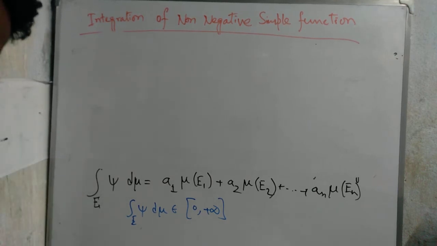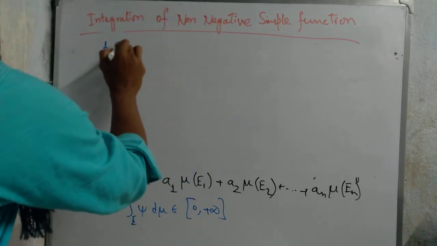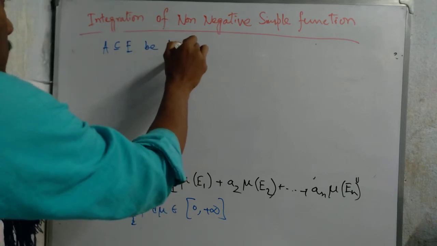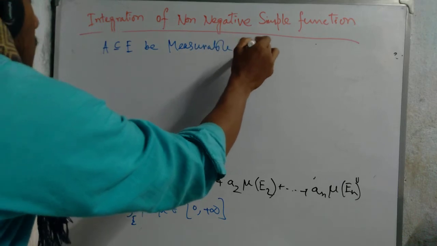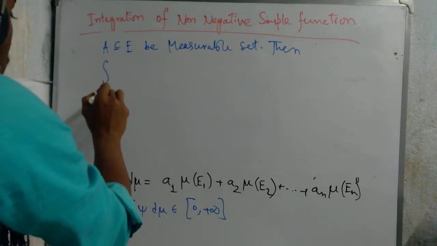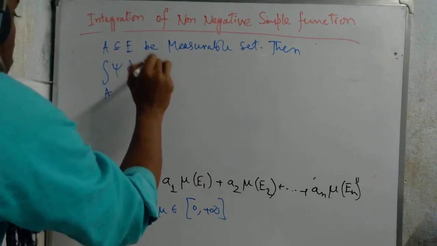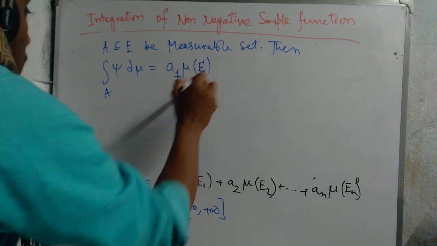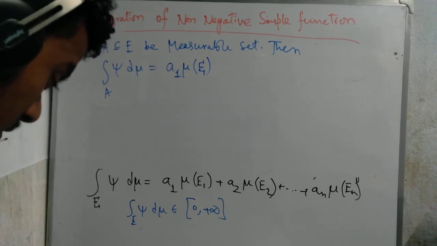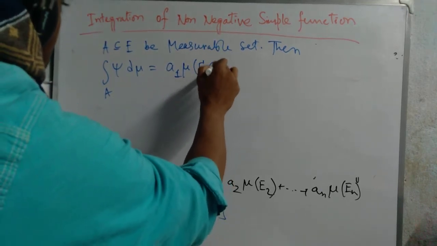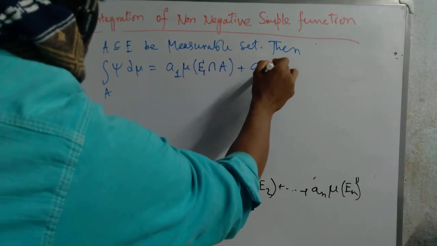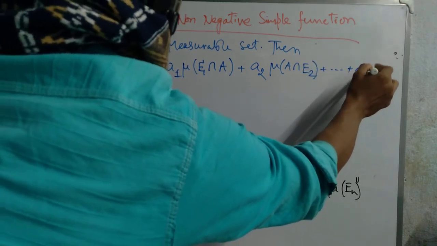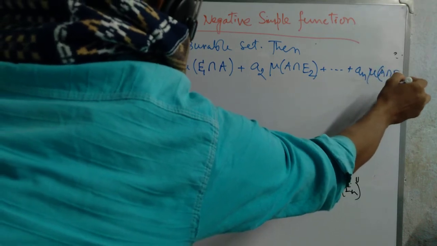Then we write here, that A is a subset of E. If A, a subset of E, is a measurable set, then the integral over A of psi d mu equals a1 mu(E1 intersection A) plus a2 mu(A intersection E2) plus ... plus an mu(A intersection En).